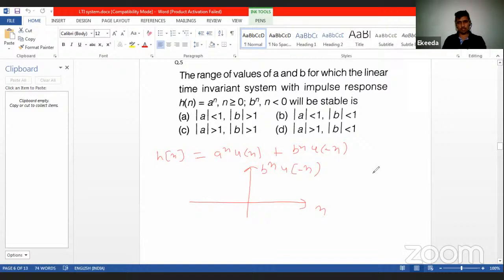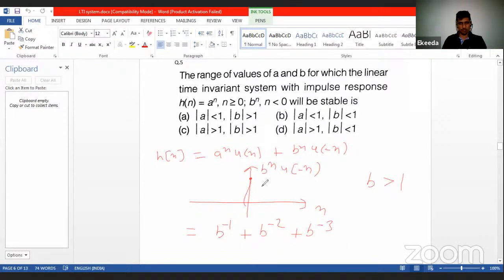Suppose, again taking the first case, B is greater than 1. In that case, what will be the first term? B inverse, plus B to the minus 2, plus B to the minus 3, so the amplitude keeps reducing.